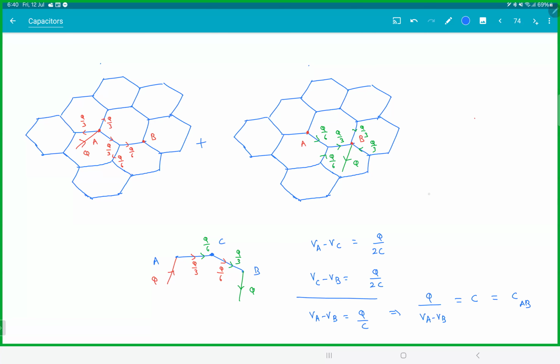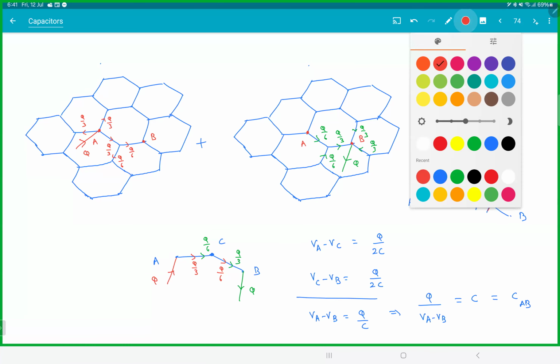Meaning this is how it would have looked. Capacitors, if I draw now, this is A, this is C, and this is B. This would have been Q by 2 minus Q by 2. This would have been Q by 2 and minus Q by 2. That is how the charge distribution would look between these two branches.